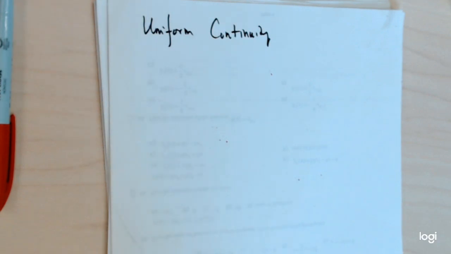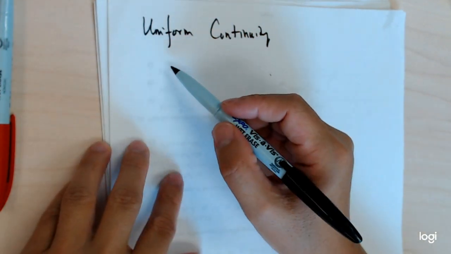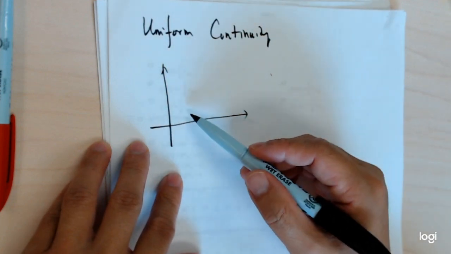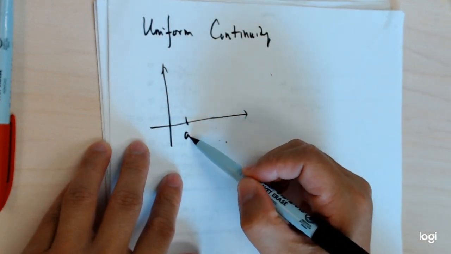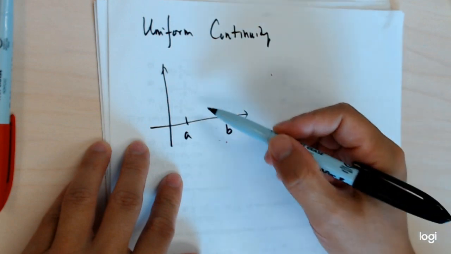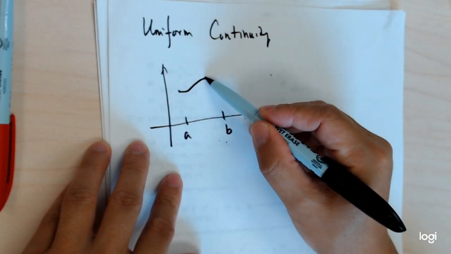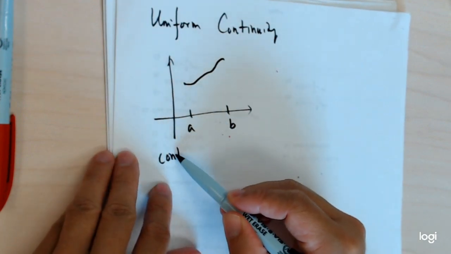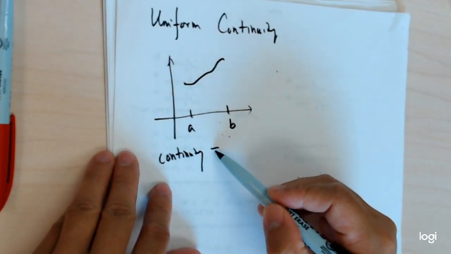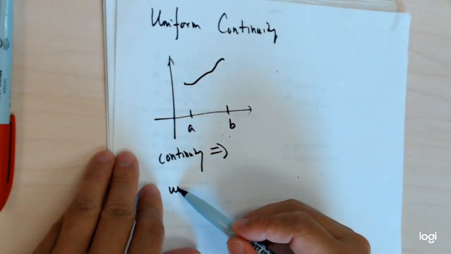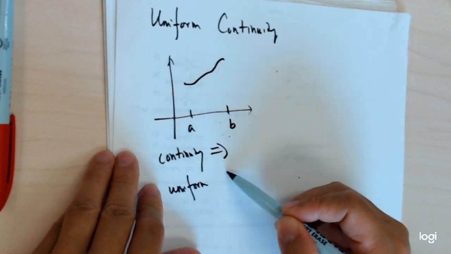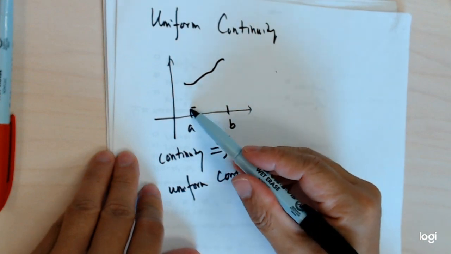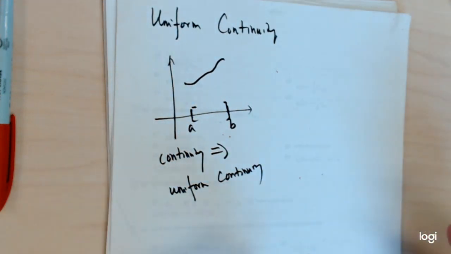Some of you may remember that in R1, if you have a bounded and closed interval, then any continuous function on this bounded and closed interval implies uniform continuity, provided that the set is what? Bounded and closed.